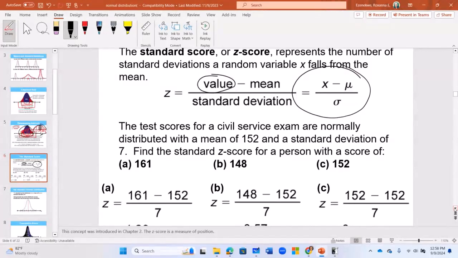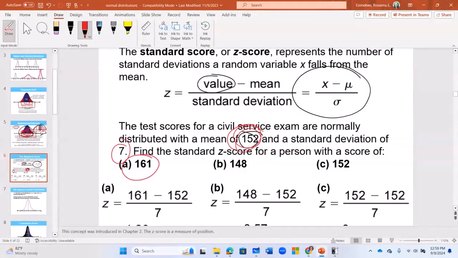the test scores. The test scores for a civil service exam are normally distributed with a mean of this. This is the mean of that test score. Whenever you're given a mean and a standard deviation, you can be told to find the z-score. Find the standard z-score for a person with a score.